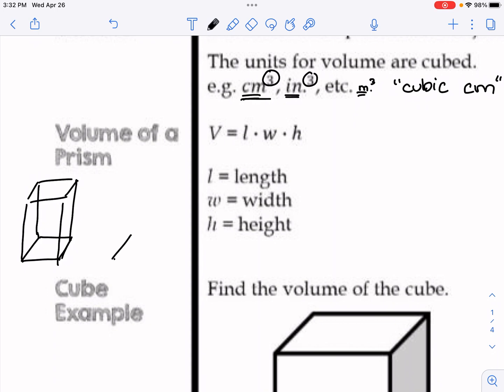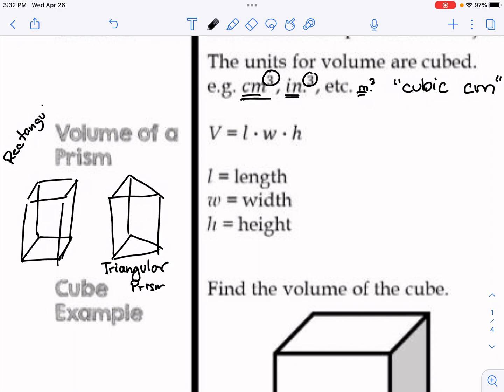Let me draw some type of triangle and then copy it over here. Right, this would be a triangular prism. This is a rectangular prism.